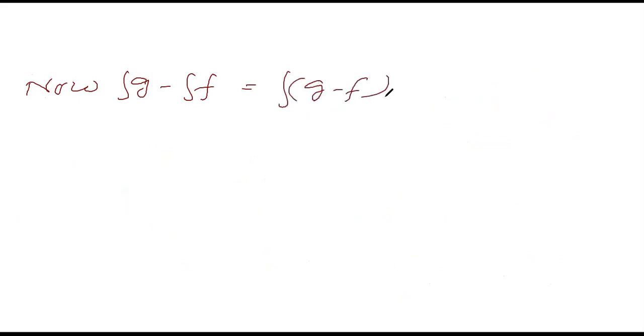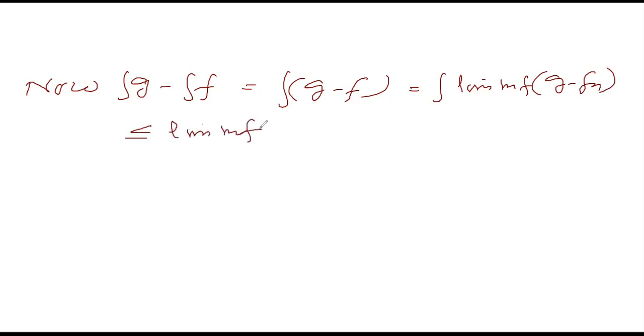Both are integrable functions, which is equal to the integral of limit inferior of g minus fn, and that's less or equal to limit inferior of integral of g minus fn, by Fatou's lemma.